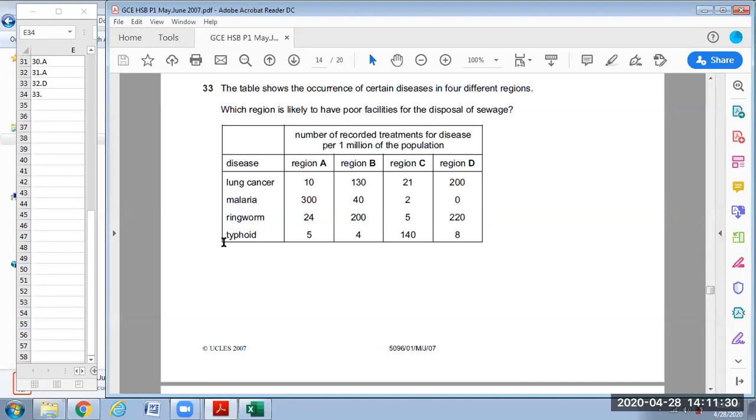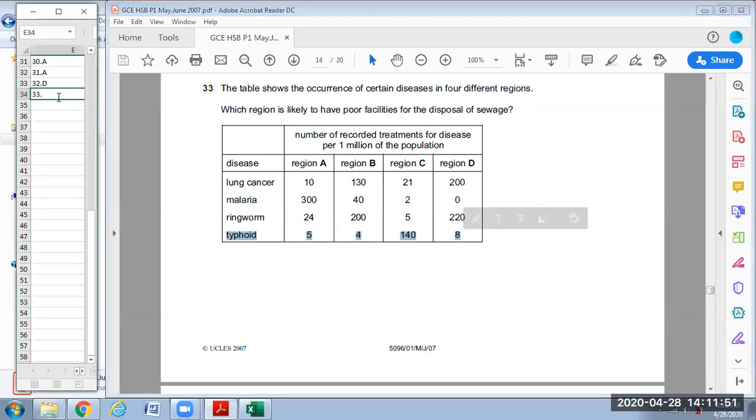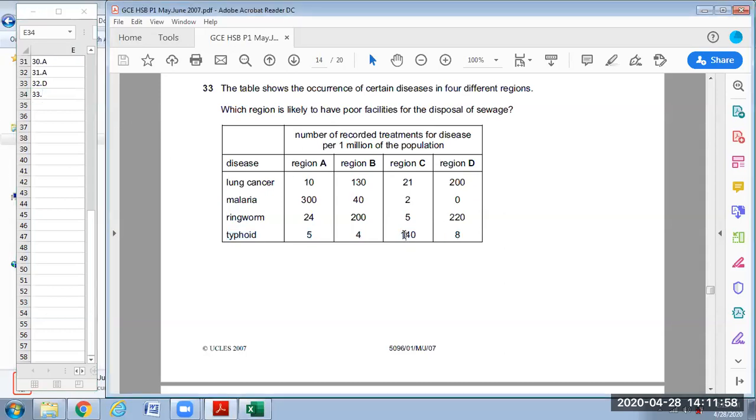Malaria and lung cancer. Lung cancer, no. Malaria, not for sewage. Ringworm could kind of be for sewage too, because it has fungus too. But the best answer would have been typhoid, Region C, because of the bacteria from the feces and stuff.